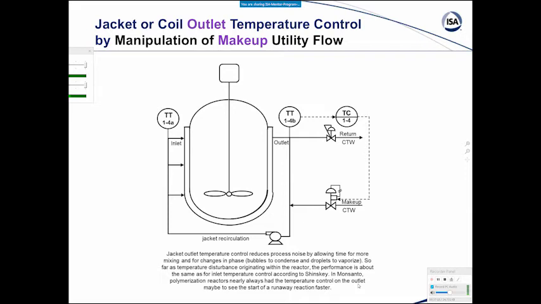Anyway, it was predominantly in that way. Very high exothermic reactors had temperature control where the secondary loop was the outlet jacket temperature or coolant coil temperatures.